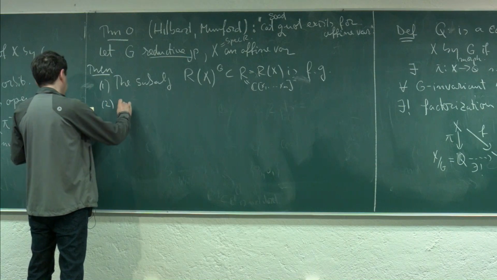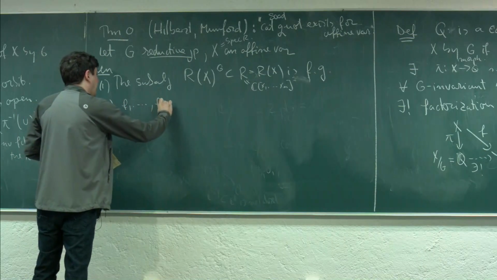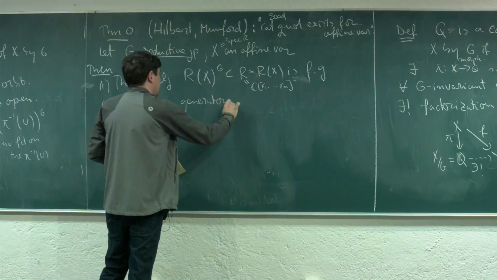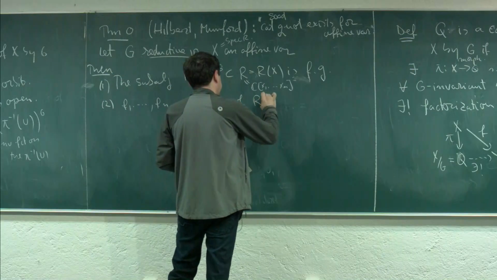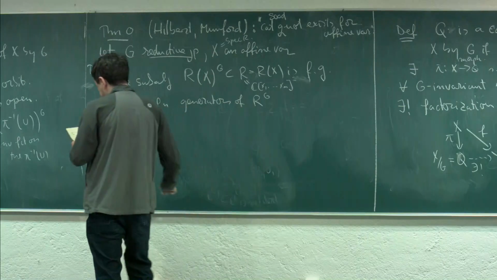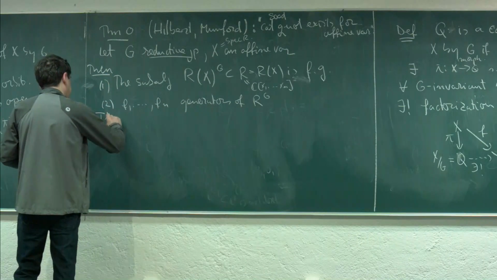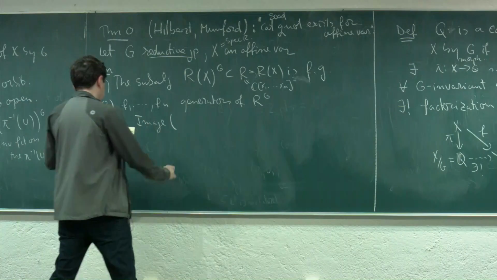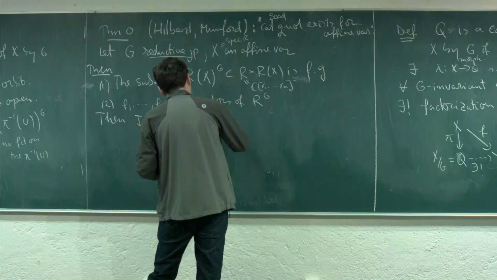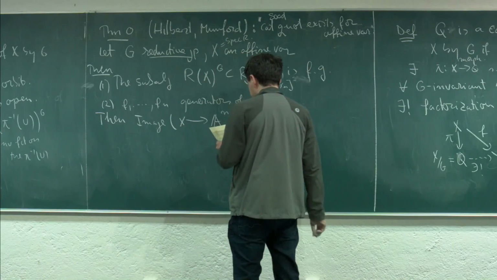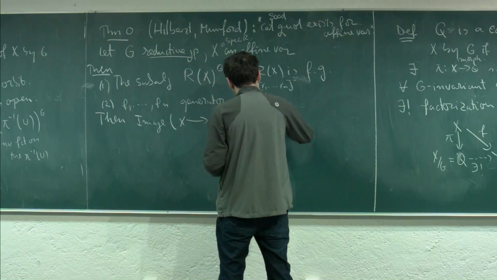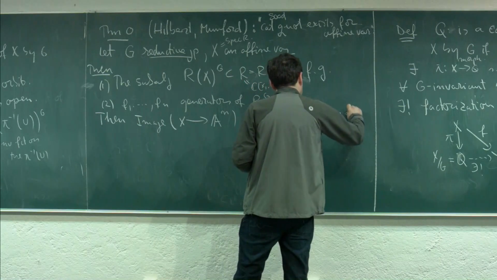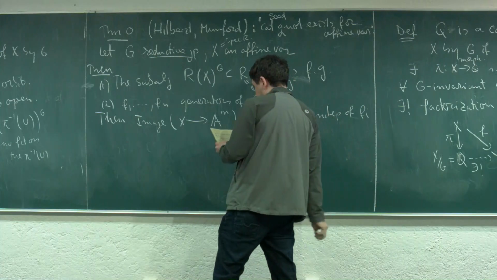The second statement is that if I have f1 up to fn, generators of R^G, so any set of generators, then the image of the map defined by these from X to A^n is closed and independent of the f_i.